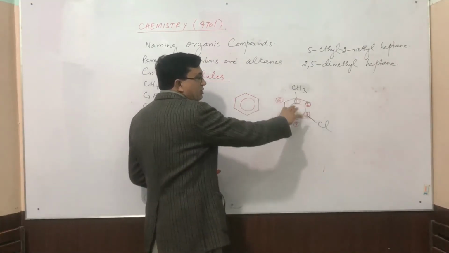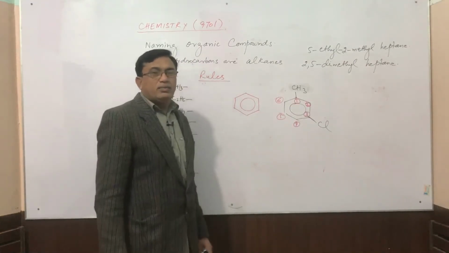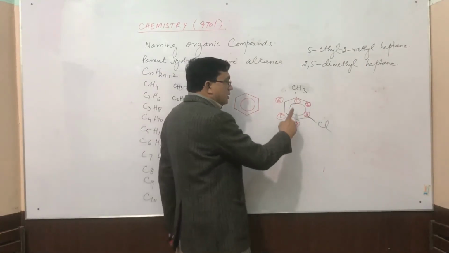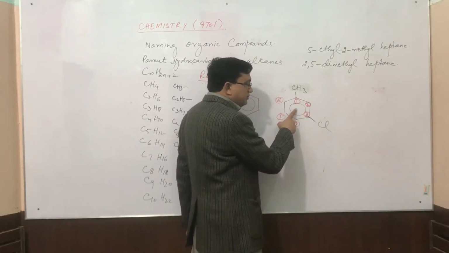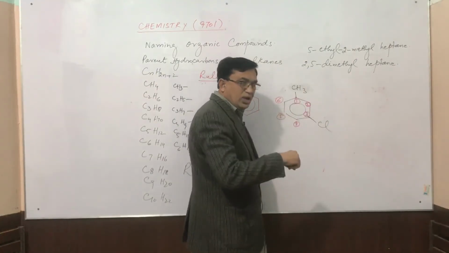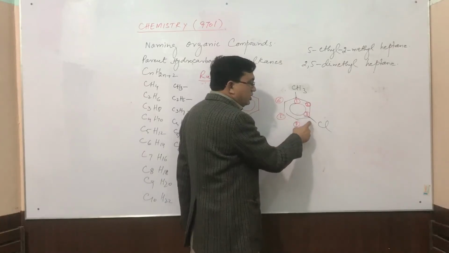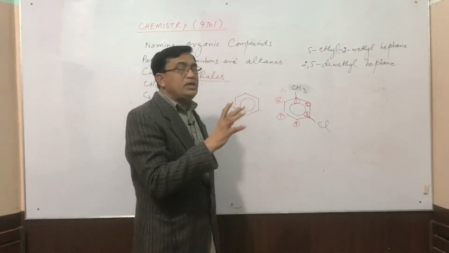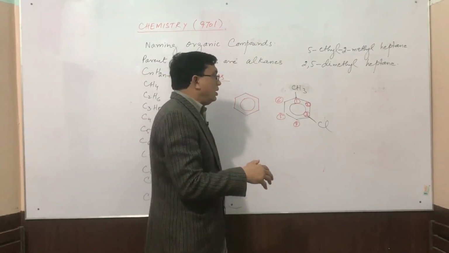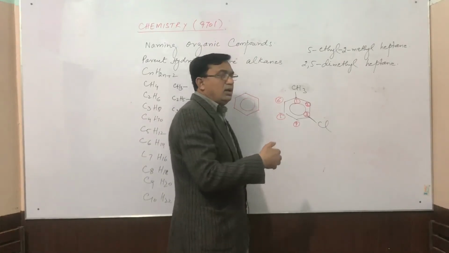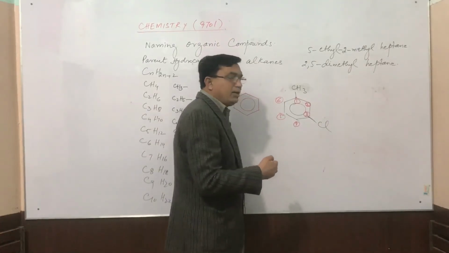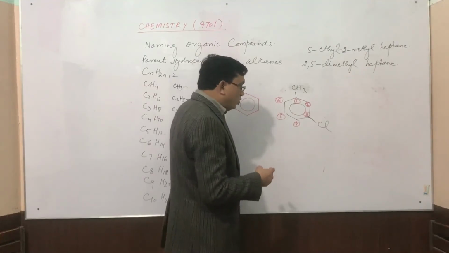If we want to name such an aromatic hydrocarbon, this will be called, according to the alphabetical order, 3-chloro. It means whenever we have to write down the name of an organic compound, we have to take care of the alphabetical order of the groups.